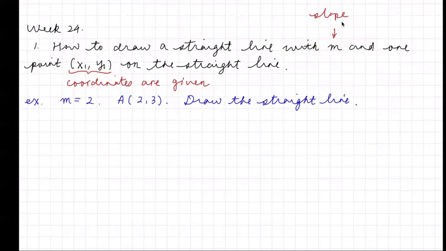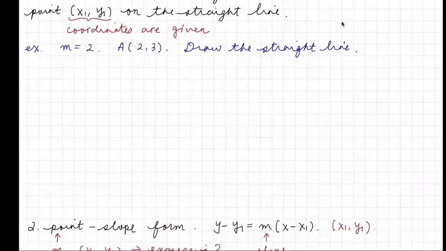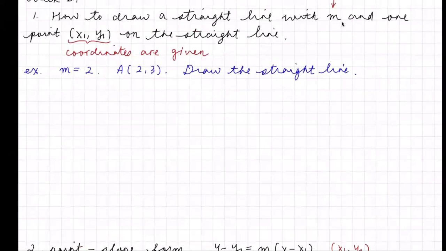I'm going to give you an example just to show you what this type of question might look like. For example, we're given that the straight line has a slope of 2. This is the first piece of information.